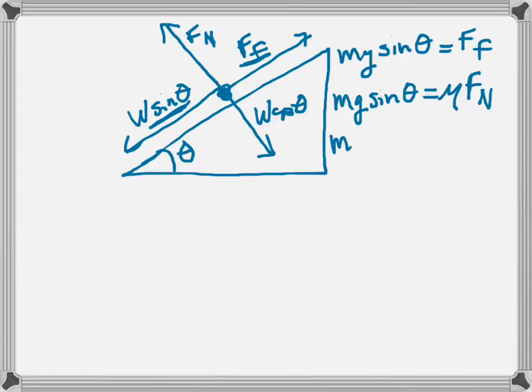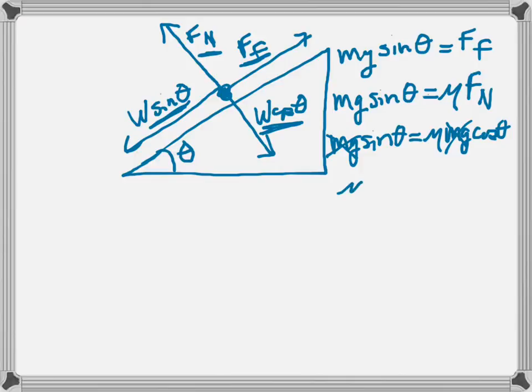So then I could write mg sine of theta equals mu times, what is the normal force? Well, in this case, there is no acceleration in the vertical direction, so the normal force would be equal to w cosine of theta, or mg cosine of theta. If you look at that, mg's would cancel out on either side, and you don't need to know the mass of this object.